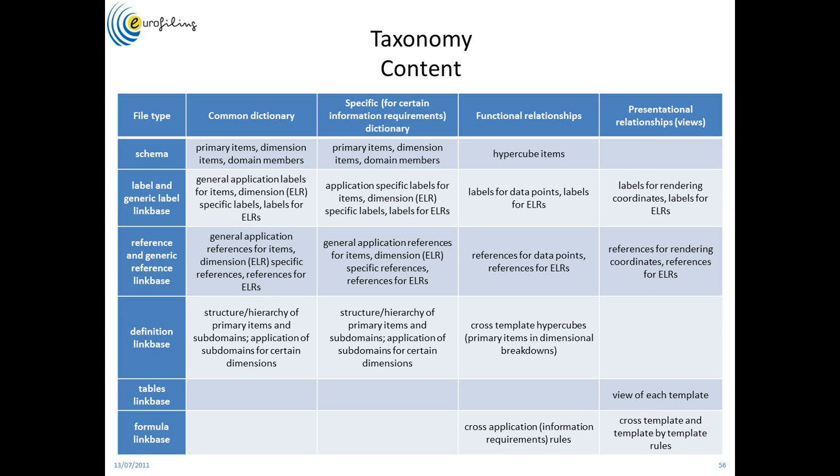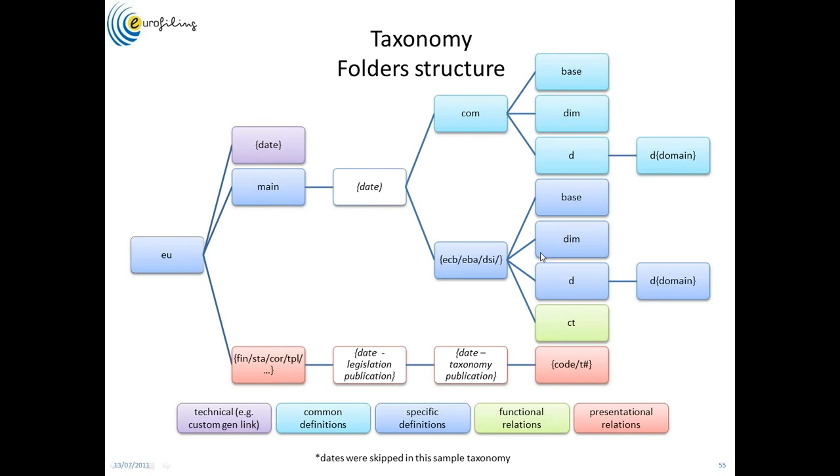This table summarizes what goes where. So the common dictionary, we have the... I haven't said that, but what we try to do in the Eurofiling is to resemble with the taxonomy also the framework of the relations between different domains. So that there is a certain place, a certain folder where we store information that is related to CoreApp, FINREP, and statistics at the same time.